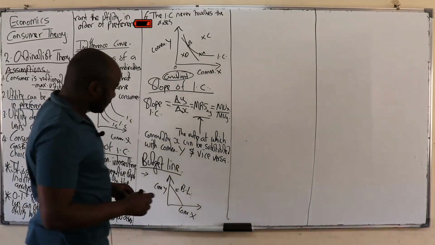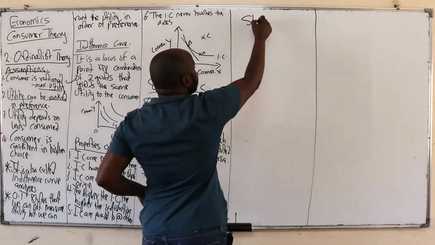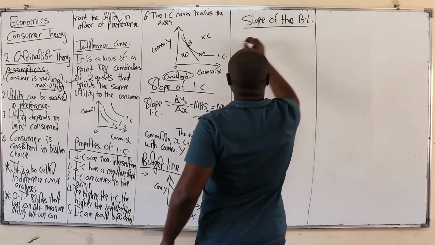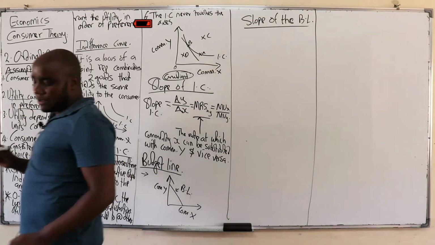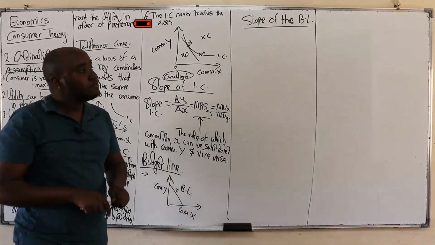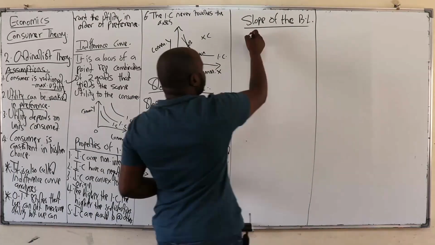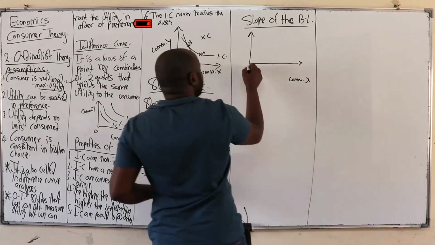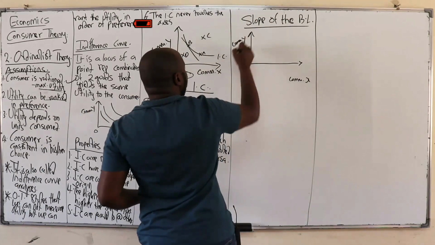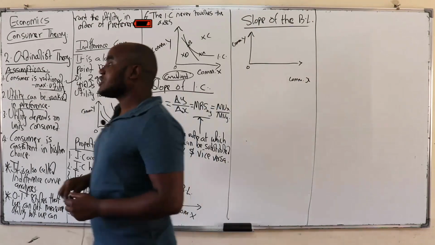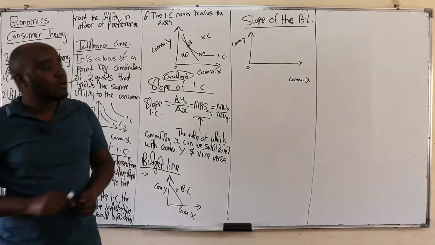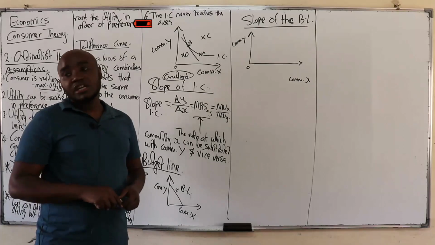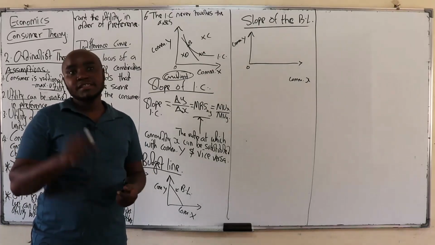Slope of the budget line. When you're talking about the slope of the budget line, assuming commodity X and commodity Y, the reason we shall consume a given commodity with respect to our income is the market price of that commodity.